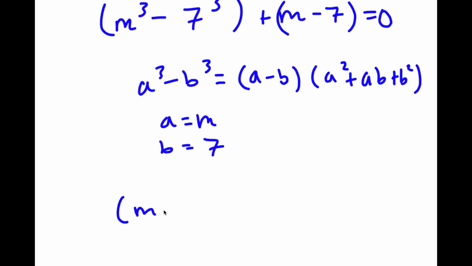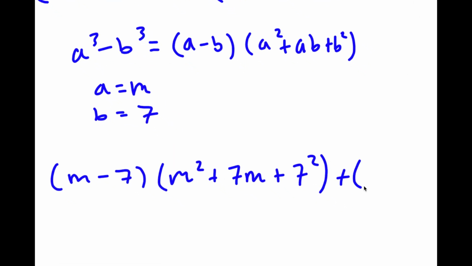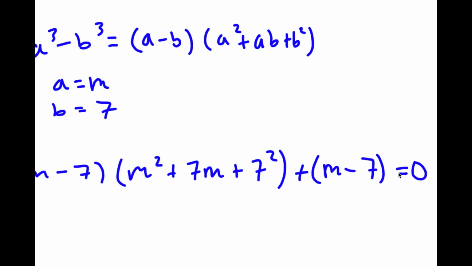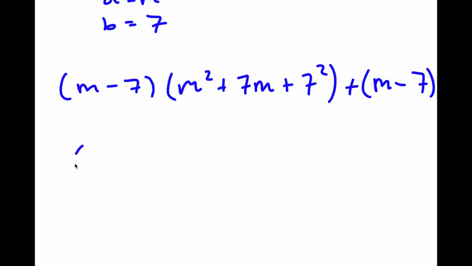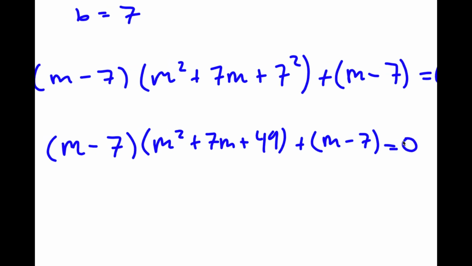So I have m minus 7 times m squared plus 7m plus 7 squared, plus m minus 7 is equal to 0. Now, 7 squared is the same thing as 49, so I have m minus 7 times m squared plus 7m plus 49 plus m minus 7 is equal to 0.